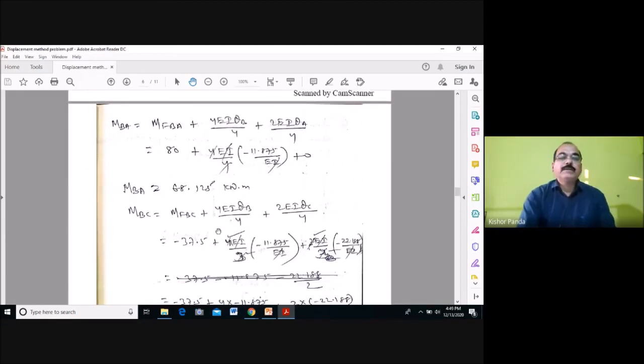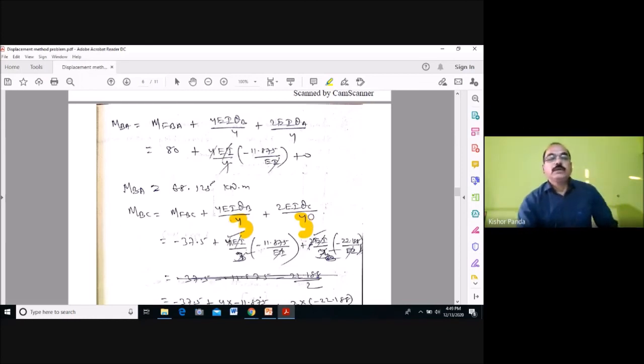Similarly, find MBC for span BC: MFBC plus 4EI theta B by L plus 2EI theta C by L. Here in 4EI theta B by L, the span length is 3. So this is wrongly written as 4; it is 3, not 4.